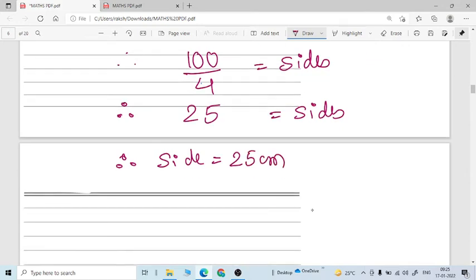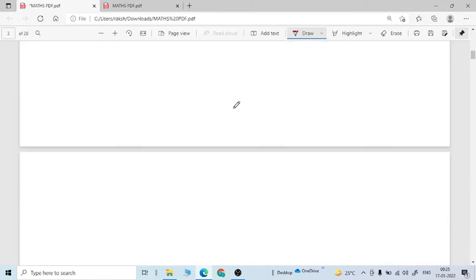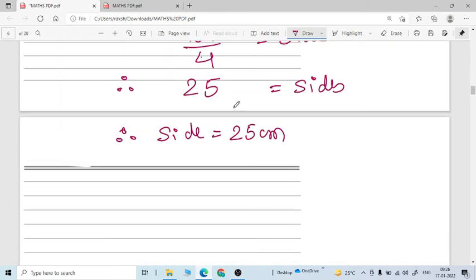As we derived from the first part, all sides of a rhombus are congruent, which means they are the same.